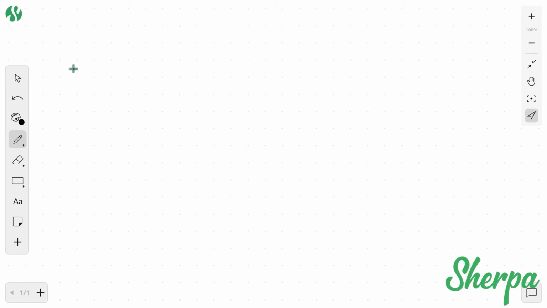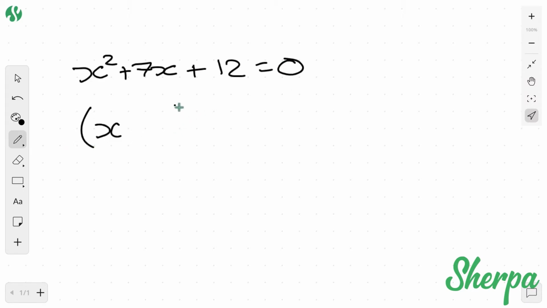So let's give that a go. If I take x squared plus 7x plus 12 equals 0, I can find my factors nice and easy. So, this coefficient here, 7, has to be this number plus this number.